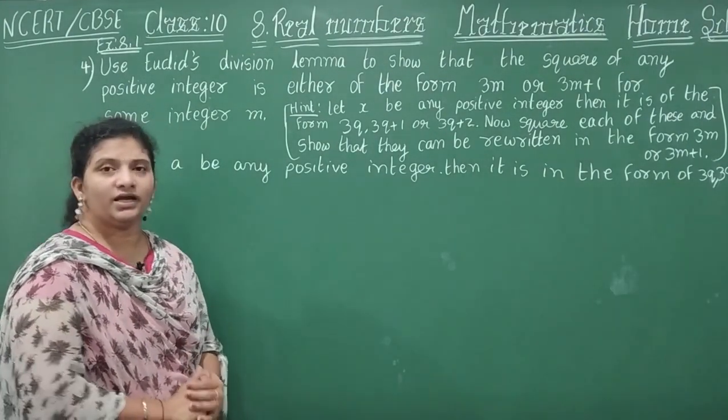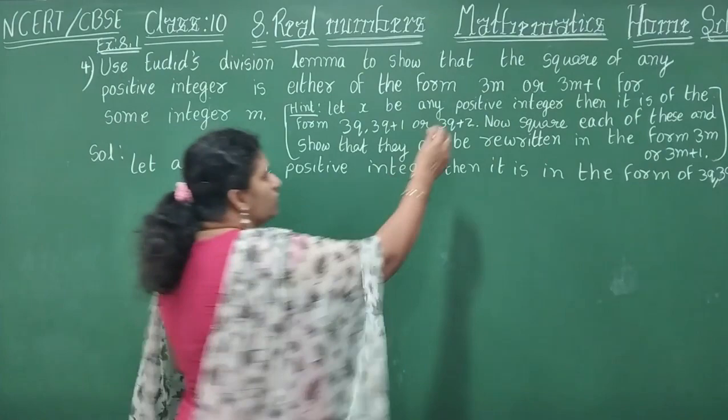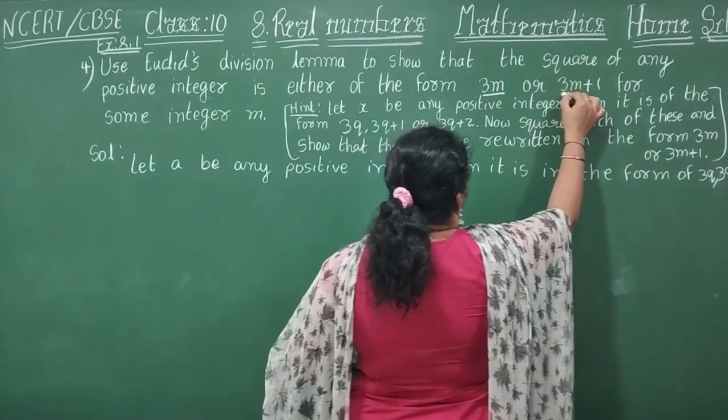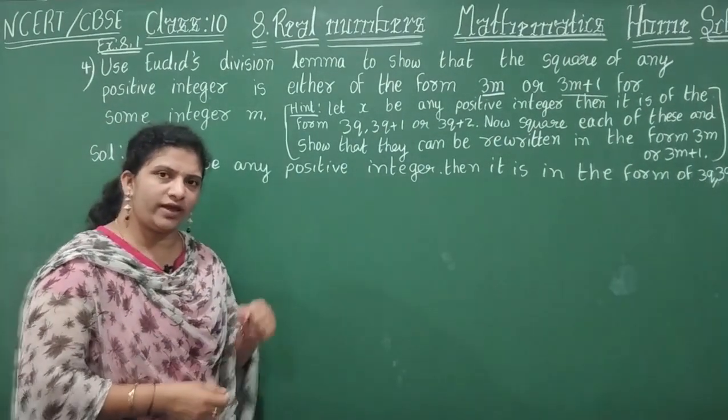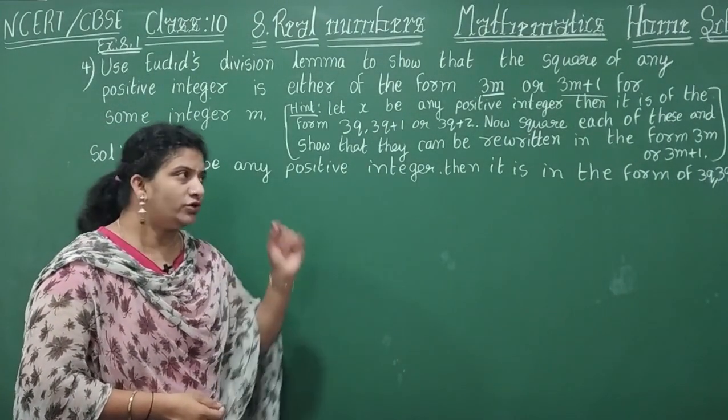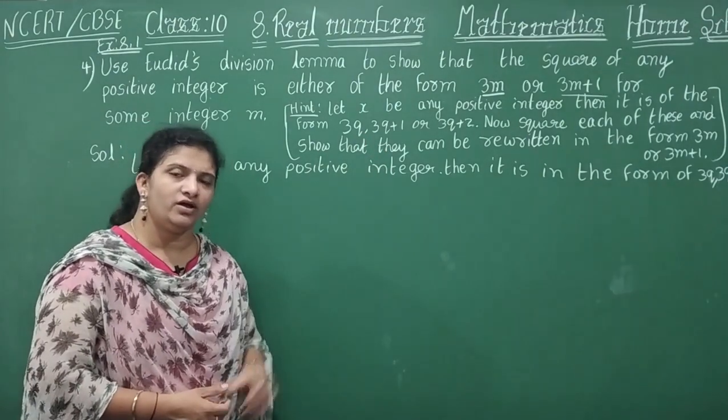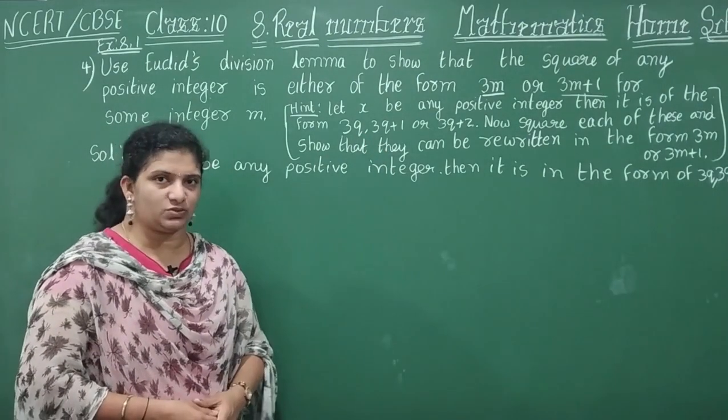Whatever you do, the square of any positive integer, your answer should be in the form of 3m or 3m plus 1.